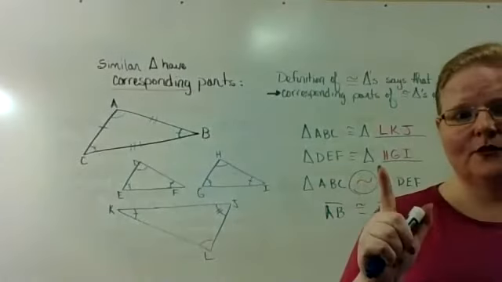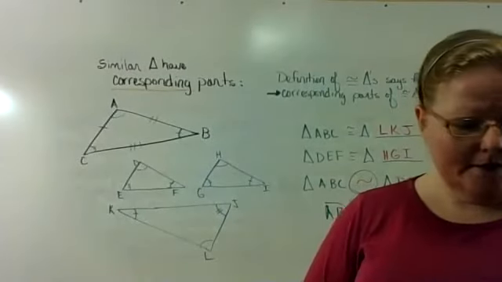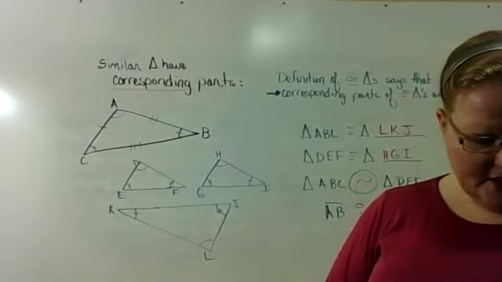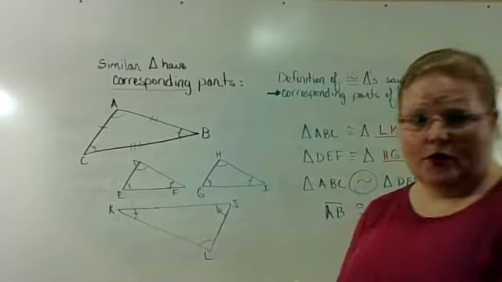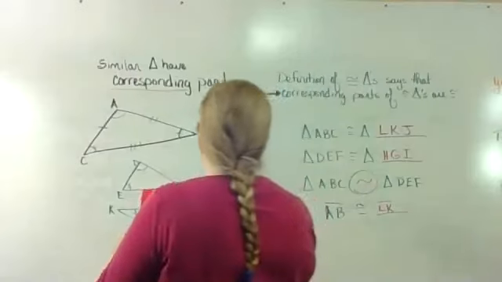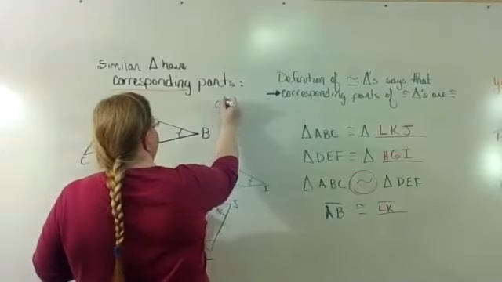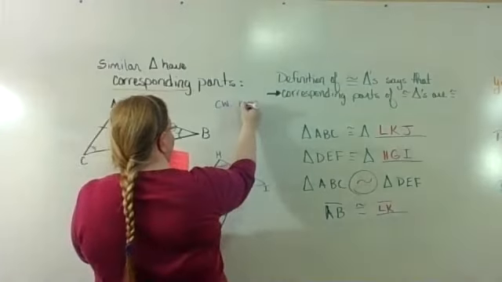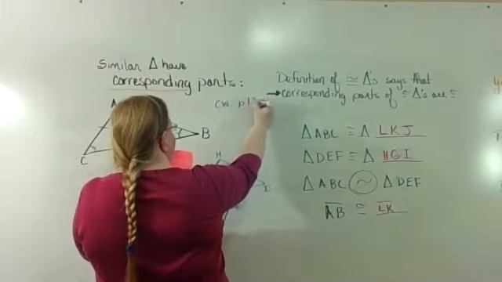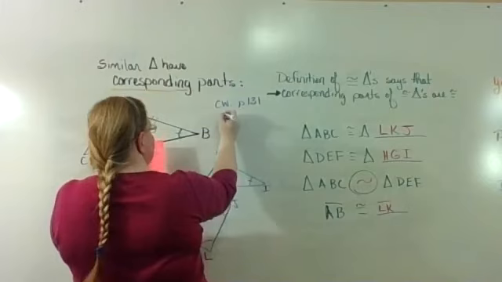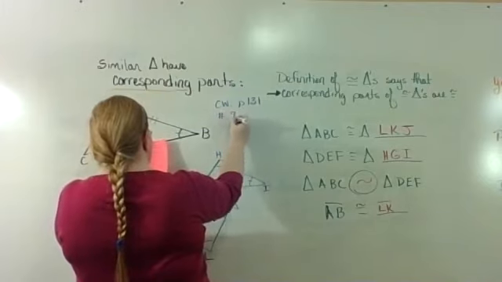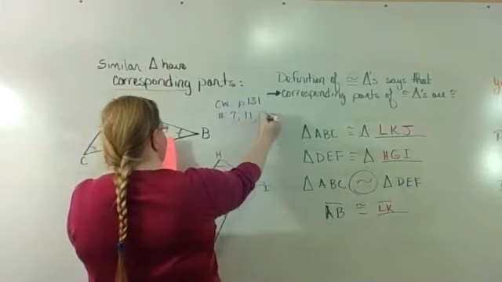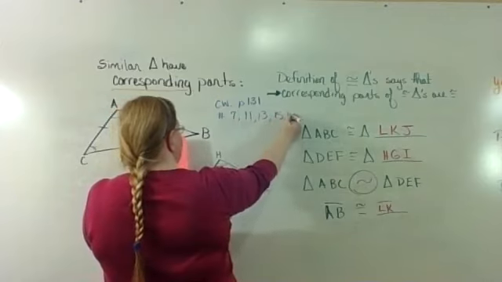Hey, look, all in one video. That was pretty good, right? But there is classwork and there is homework. So, classwork on page 131 in the practice exercises, numbers 7, 11, 13, 15, and 17.